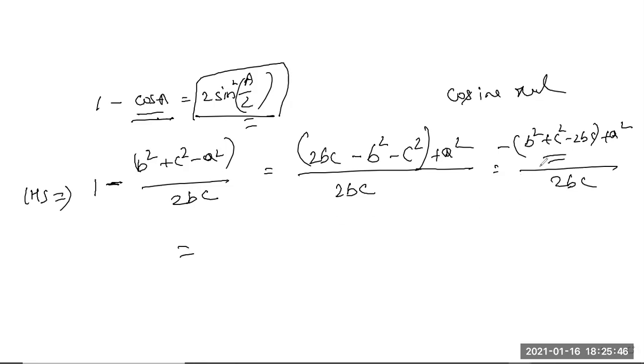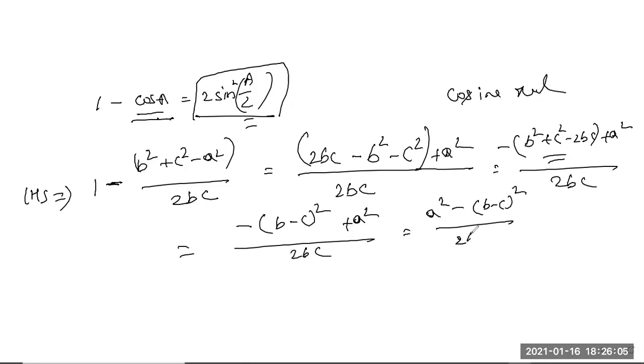So this is nothing but b minus c whole square, right? So I can write it as minus of b minus c whole square plus a square divided by 2bc. This can also be written as a square minus b minus c whole square divided by 2bc.